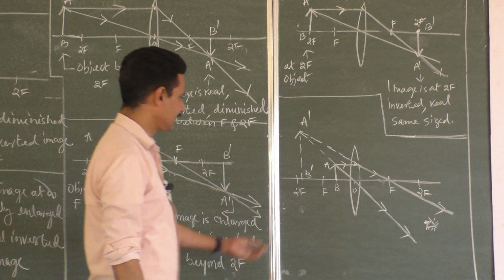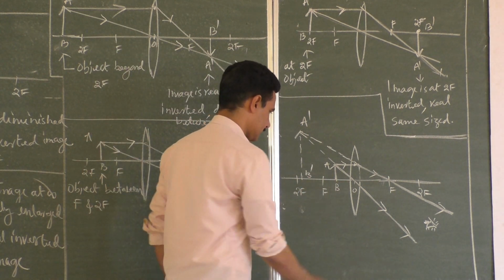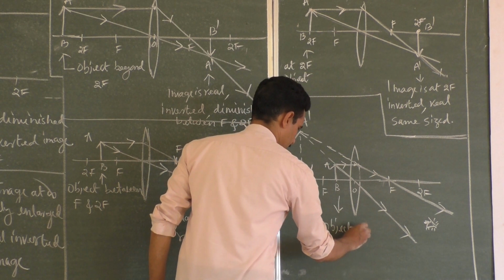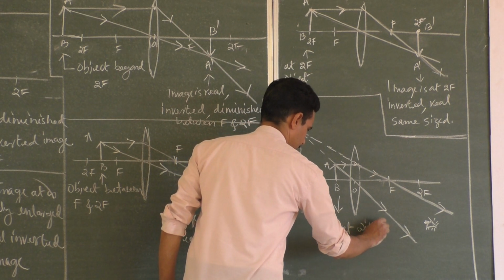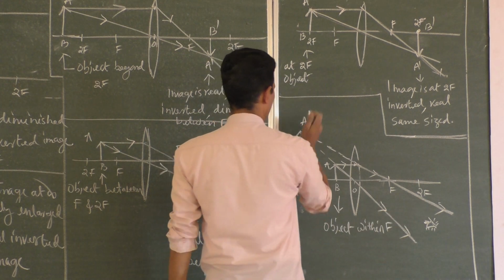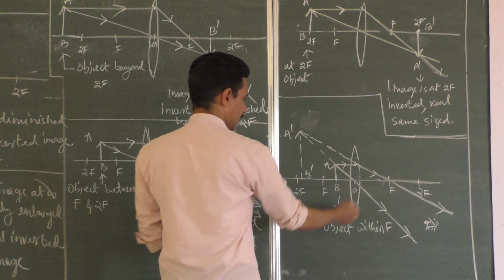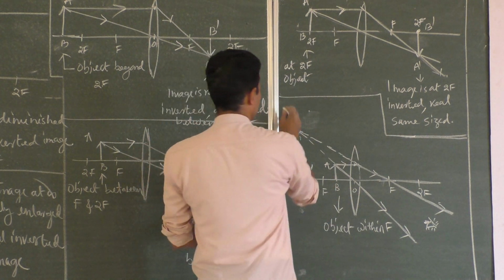So if the object is kept within the focus, object within F, the image is formed on the same side as the object.